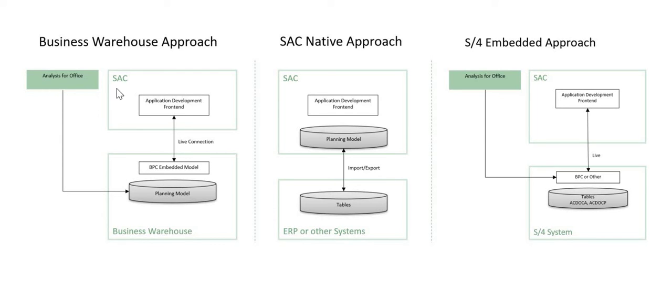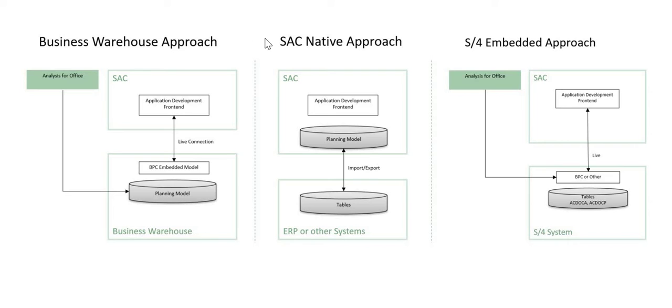And here, if you are implementing SAC in the front end, then you have to use the connection called BPC Live Connection. Using this connection, you can connect to SAC, and you can also do the application development in SAC. And if you don't do it in Analysis for Office, we still have the option: if you're using SAC, you can still use AO for the application development.